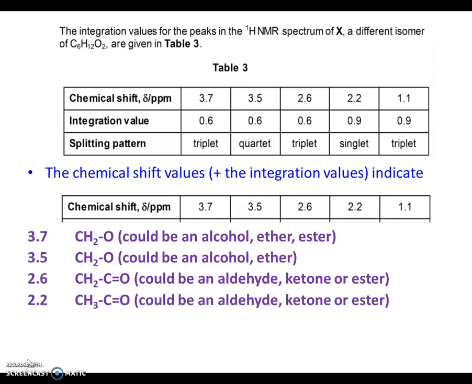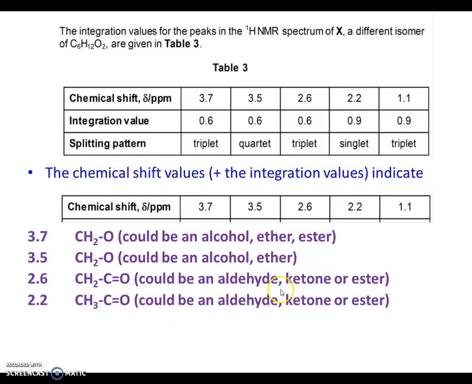2.2, again, our data sheet tells us that we've got hydrogens on a carbon next door to a C=O, which could be next to an aldehyde, a ketone, or an ester. Now, it's a CH3, so that means that carbon can only have one bond, so it must be to this part here.